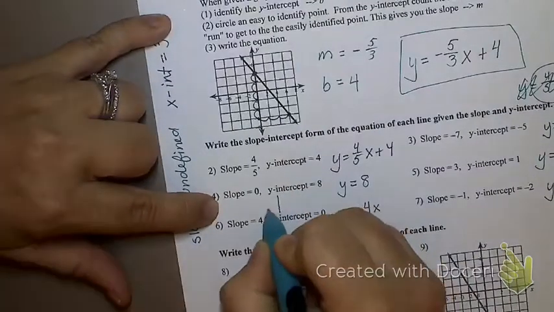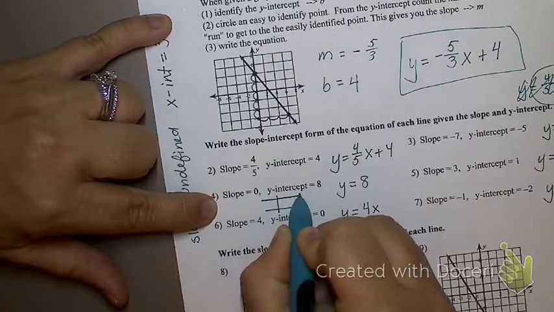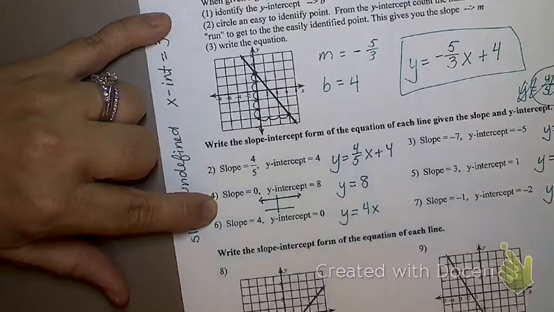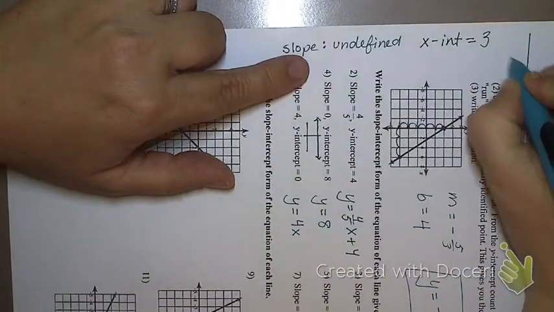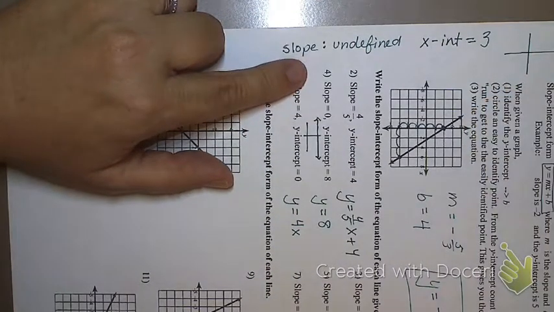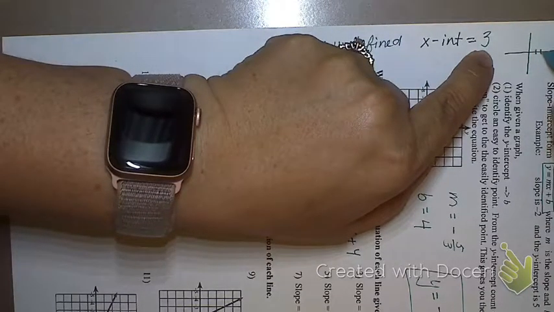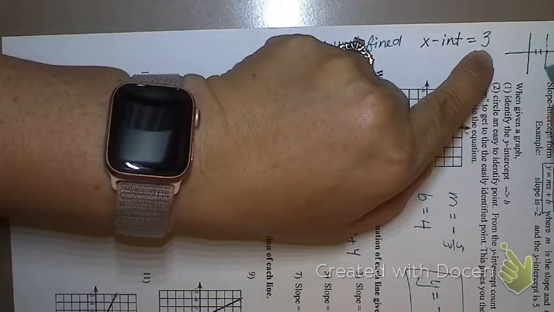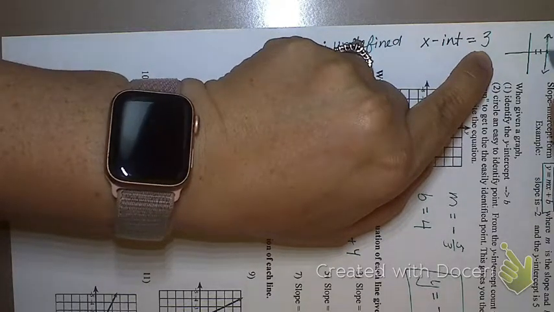Well, I know if the slope is 0 and the y-intercept is 8, that means I've got a line that's going like up here, right? Perfectly horizontal. If I have a slope that's undefined, I have a line that's vertical. And it's going to cross the x-axis at 3. Do you see why it has no y-intercept? Doesn't cross the y-axis.